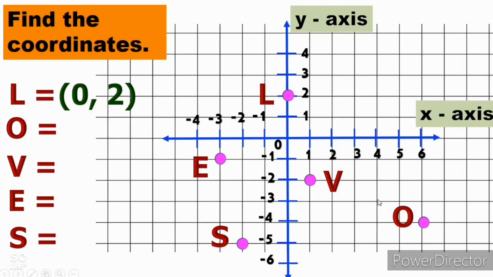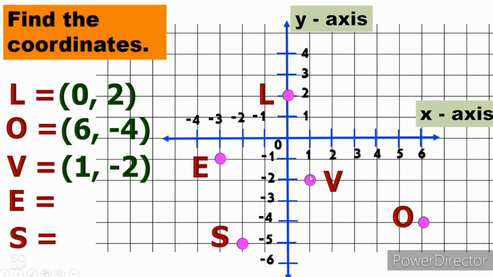Next, we have point O. Kung mapapansin ninyo, sa x-axis, nakatapat siya sa 6. Sa y-axis, nakatapat siya sa negative 4. Laging mauuna yung x bago ang y. So, therefore, ang coordinates natin is positive 6, negative 4. Next, point V. Unahin natin ang x-axis, nakatapat siya sa positive 1.